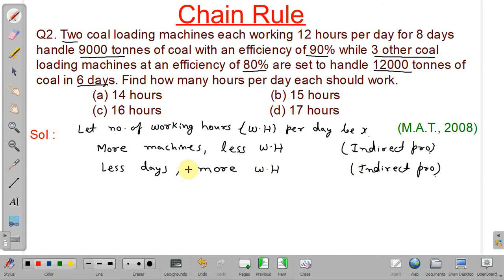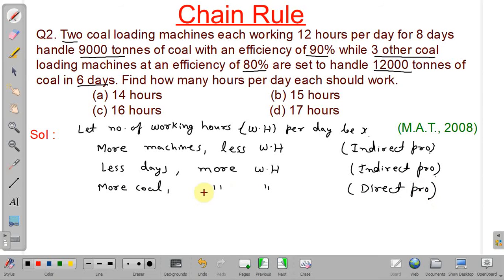Third dependent parameter is amount of coal to be handled. In first case 9,000, second case 12,000. So more coal, more working hours per day. So it is direct proportion.